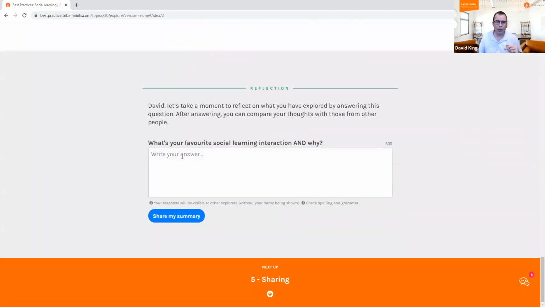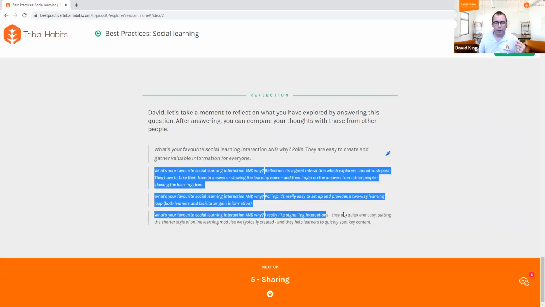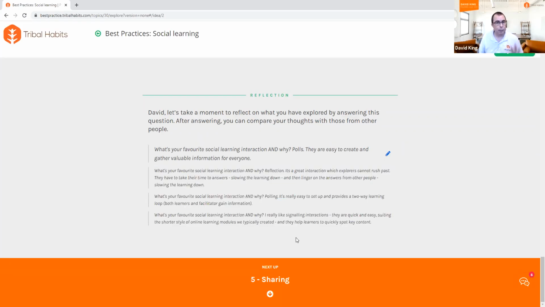And so an example would be here. What's your favorite learning interaction and why? And so I'm going to say my favorite one is polls. You know, they are easy to create and gather valuable information for everyone. And so that's my answer to the question. And once I share it, I then see the answers from other people.